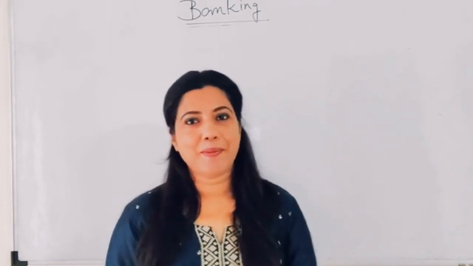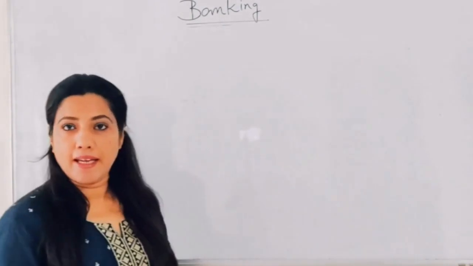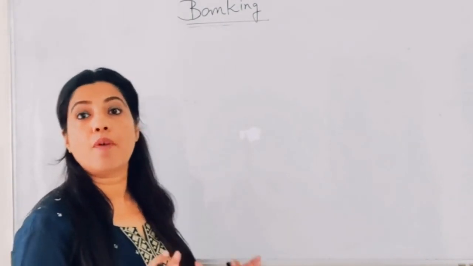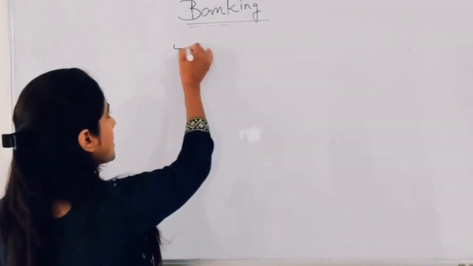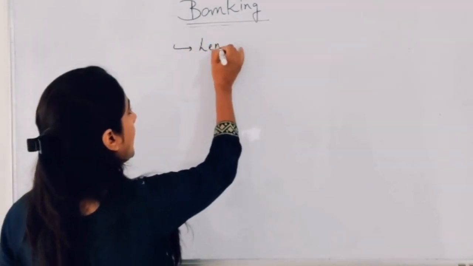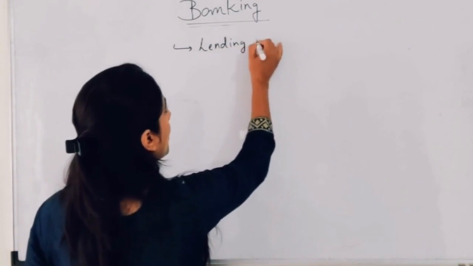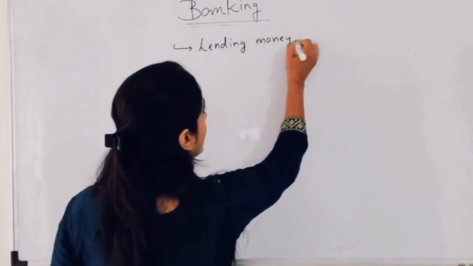First of all, what is banking and how to solve the questions from banking. Let's get started. So when you talk about banking, first of all we need to know what are the functions of a bank, right? The functions of a bank are: lending money on demand.